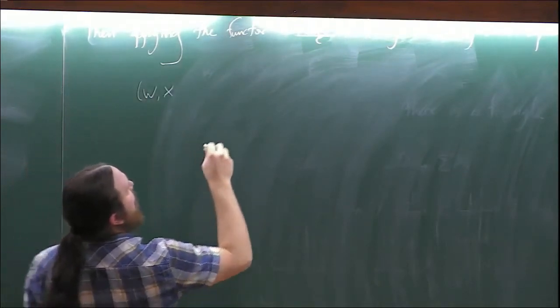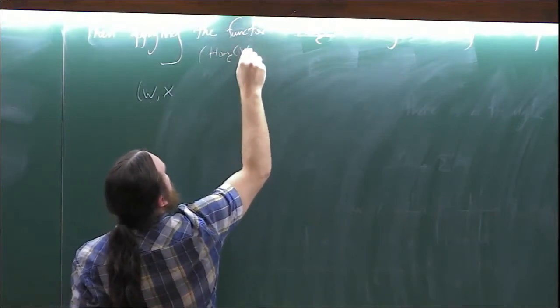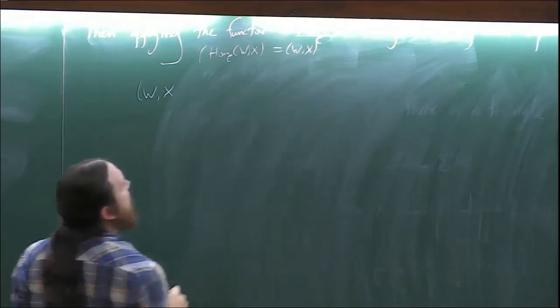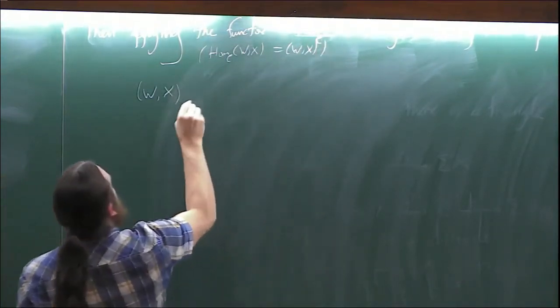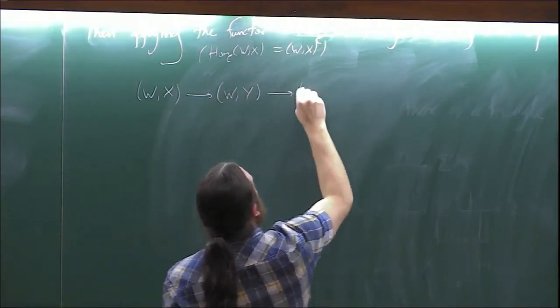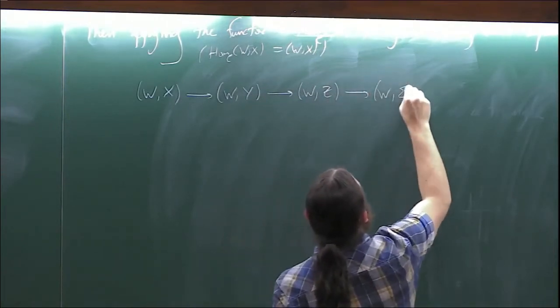So instead of writing Hom_C(W, X), I will just write Hom W X because it will be shorter. Hom W to Y, Hom W to Z, Hom W to the shift of X.